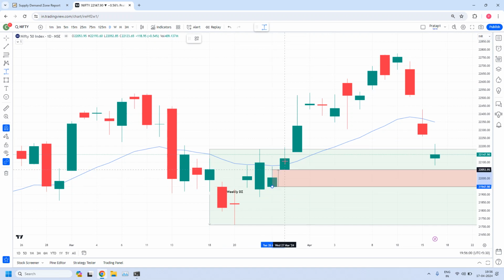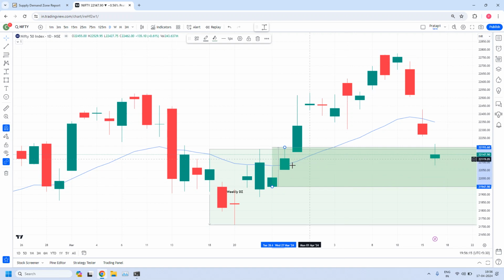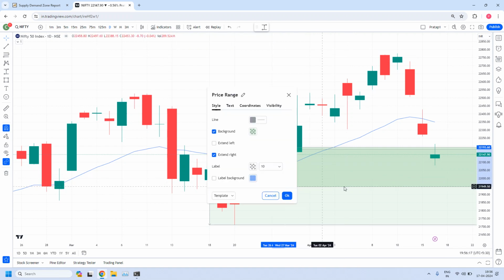So that's why, according to the software point of view, this is the demand zone, daily demand zone. So let me add the text.